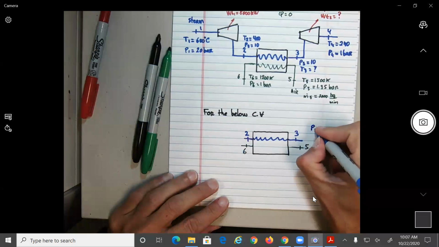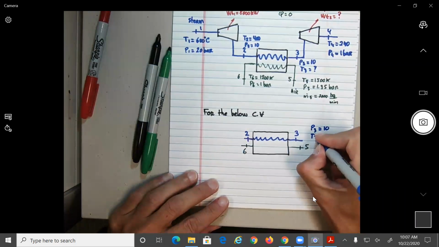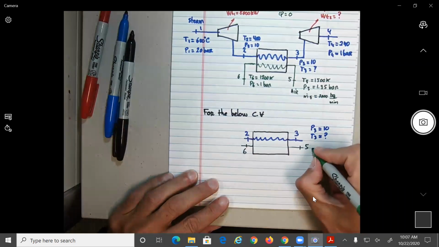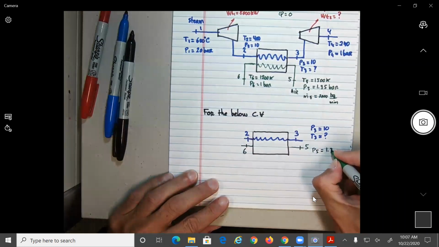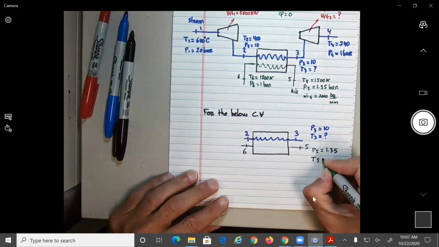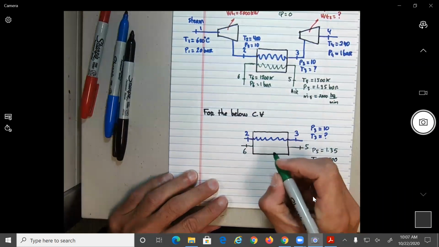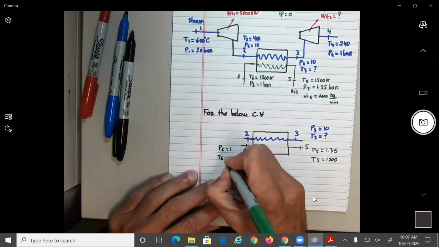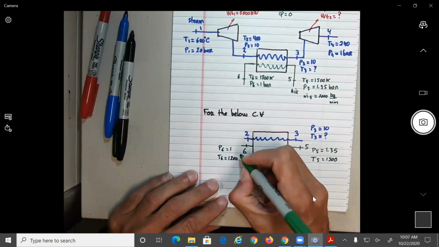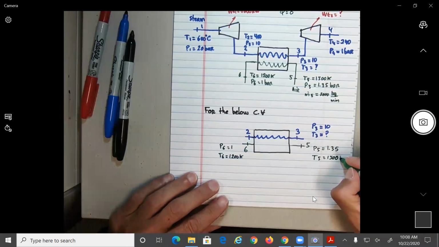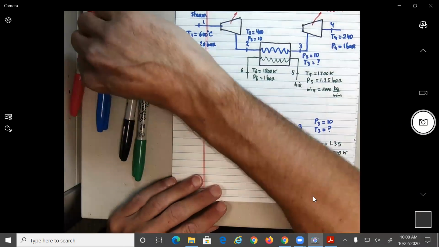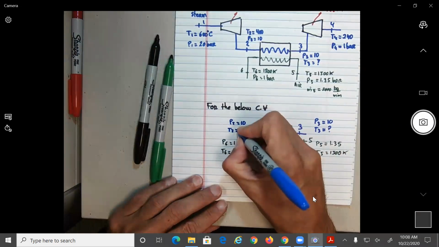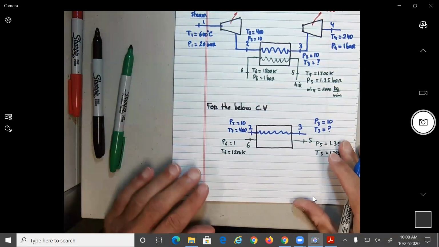We have P3 equal to 10, T3 equal to question mark, P5 1.35, T5 1500, P6 1, T6 1200 Kelvin. This is Kelvin and bars. And at 2 we have 10 and 400, I'm not wrong. Okay, check my data.